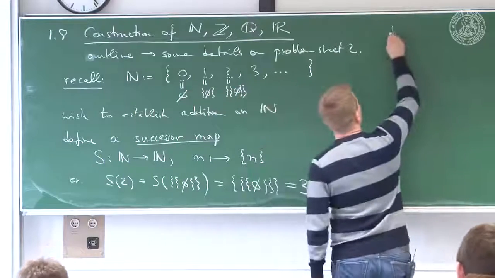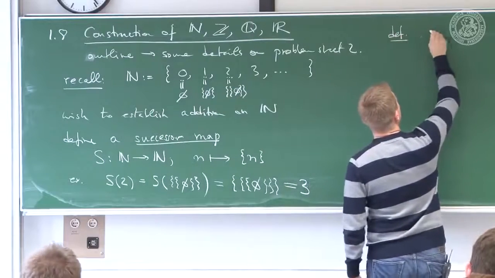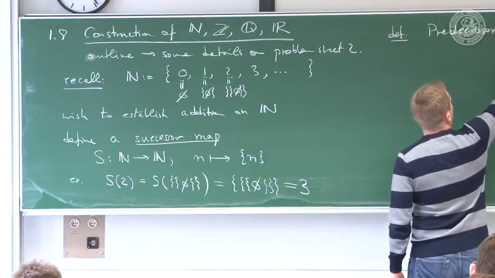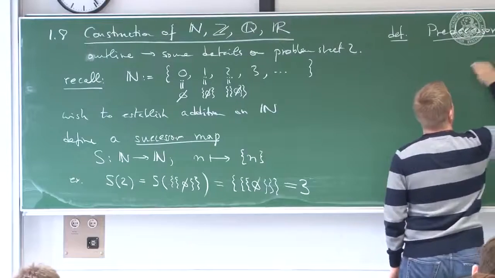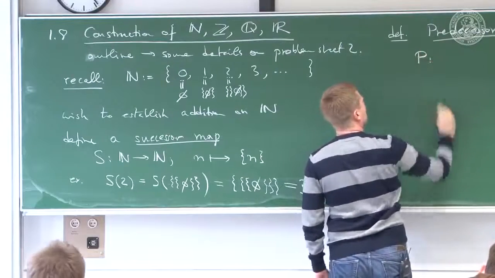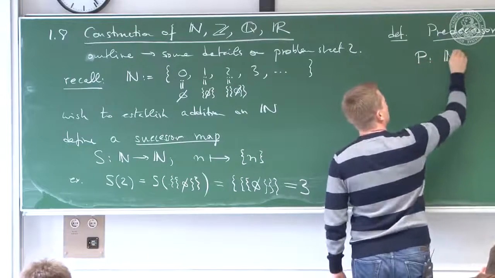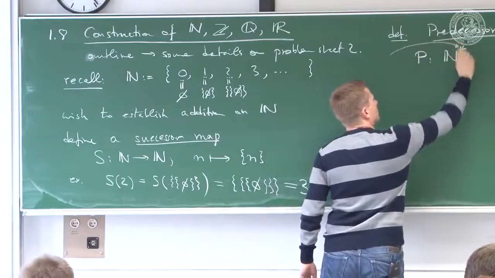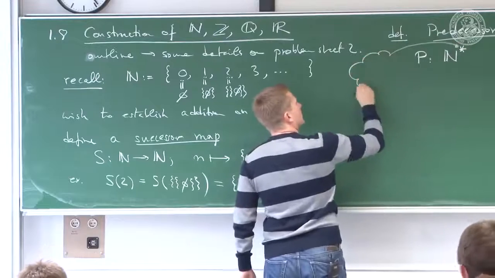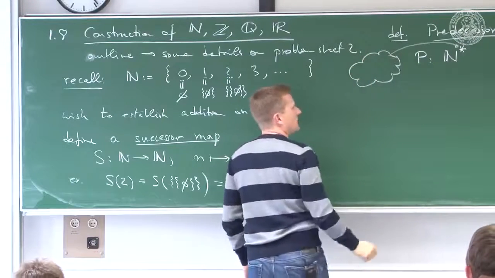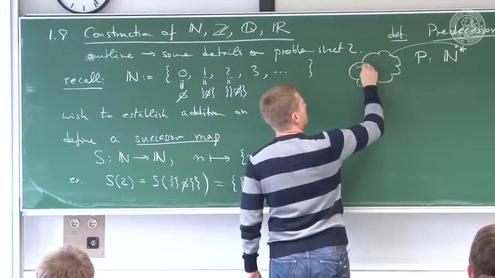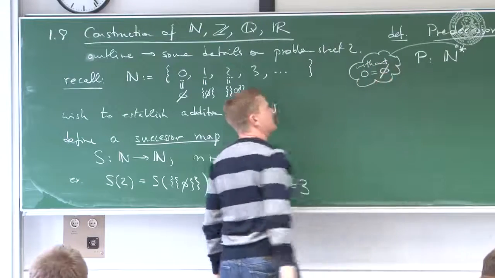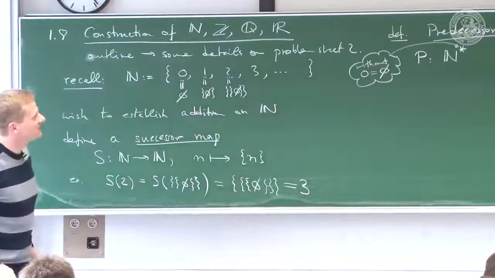Now, in order to make progress, we also need to define the predecessor map. Now, this map is P, and this map is only defined on N star. Star is, for any set that contains 0, star means without the 0, equals empty set. Okay.